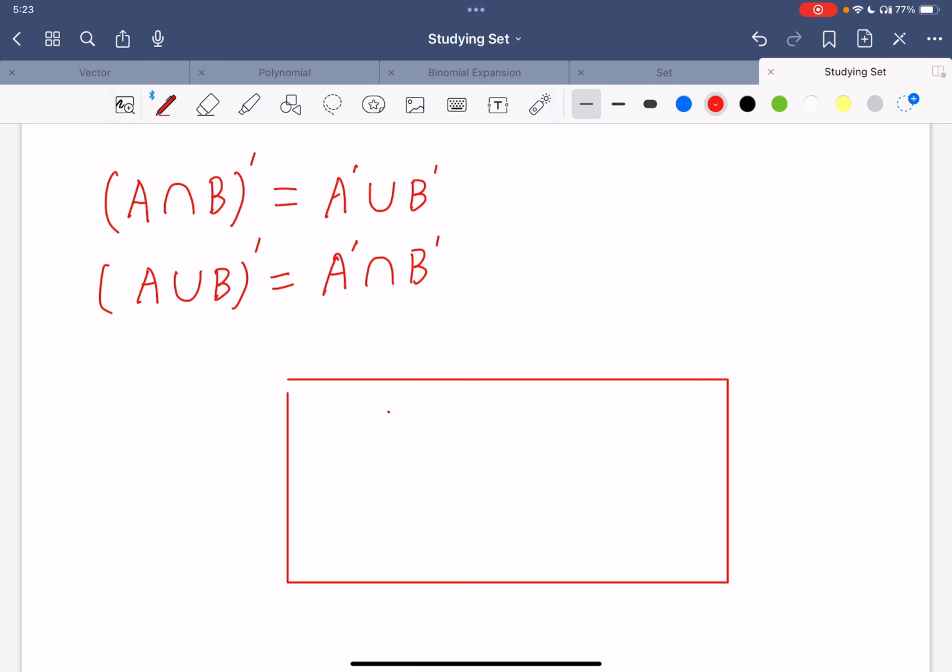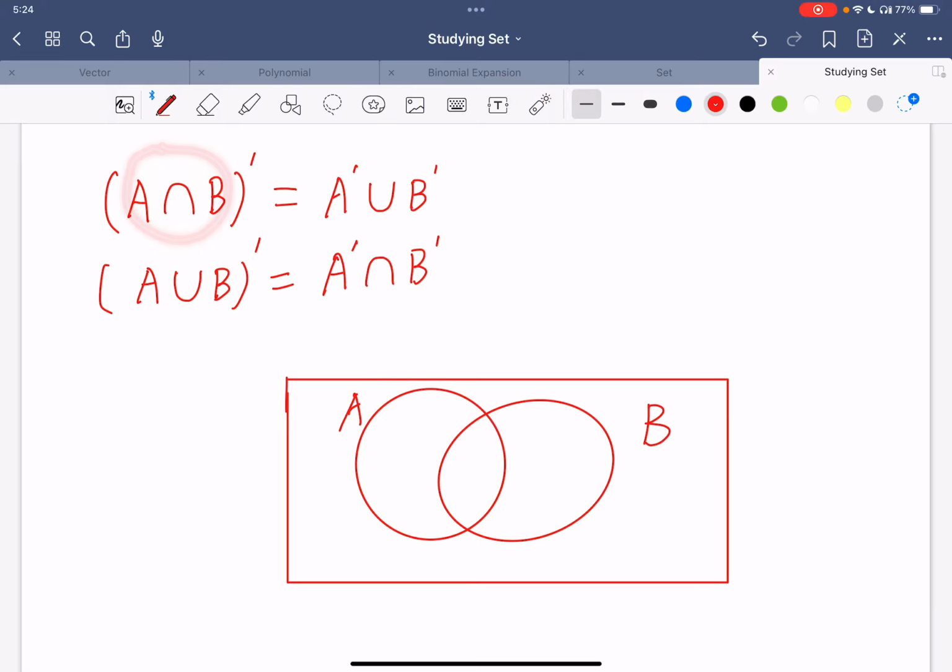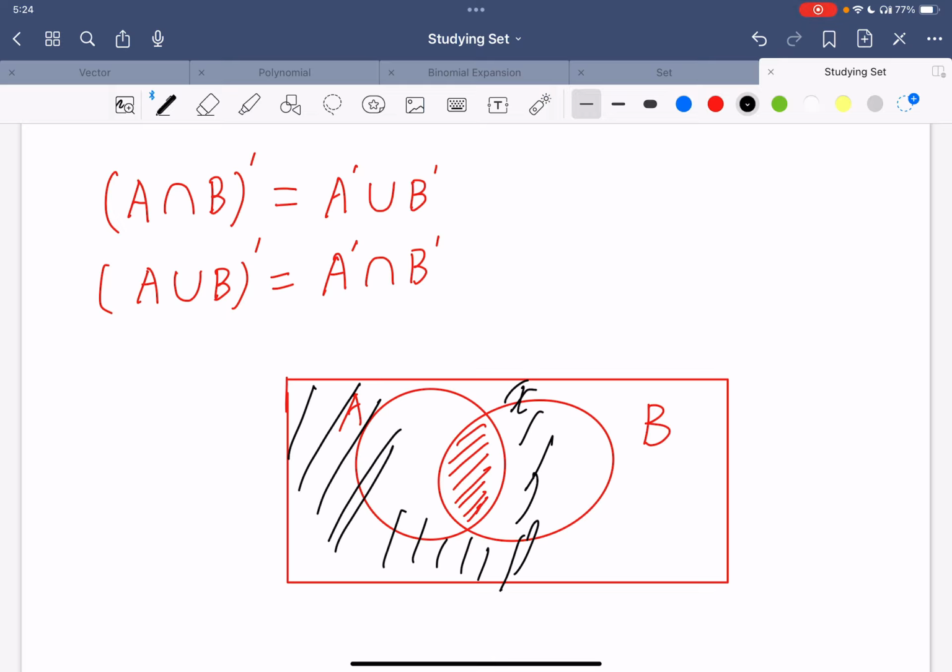okay, so here is the circle A, and here is the circle B. Firstly, we find the intersection, that is this area, right? And then the complement of the intersection area is all the area outside it, right?